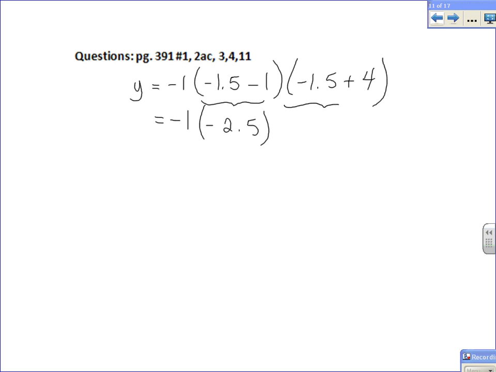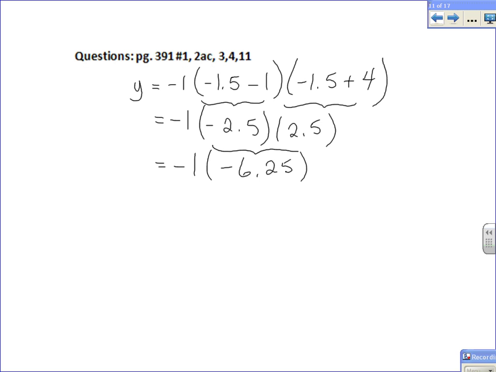And in the second bracket, negative 1.5 plus 4 is the same as 4 minus 1.5, which is simply 2.5. Positive value. And so I have -1, negative 2.5 times 2.5, which is 6.25. So a negative times a positive gives me a negative 6.25.